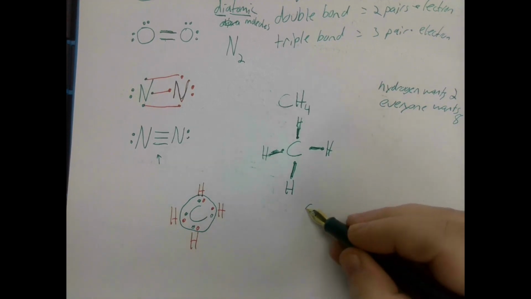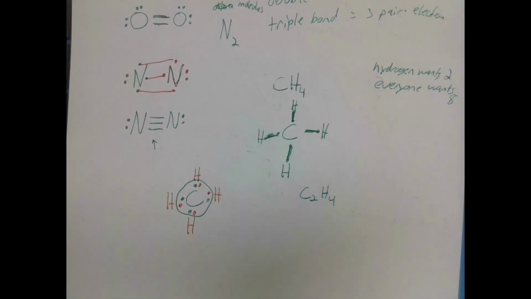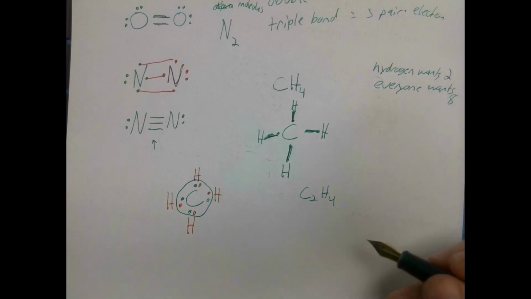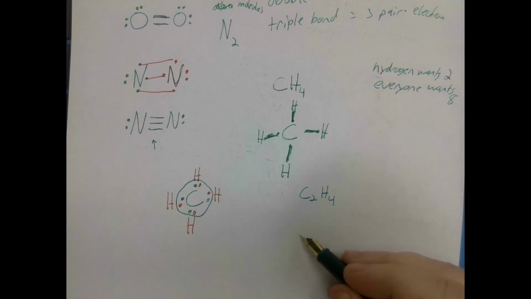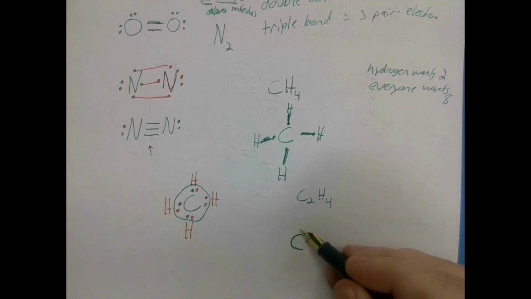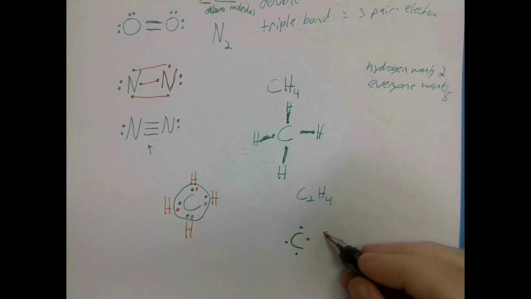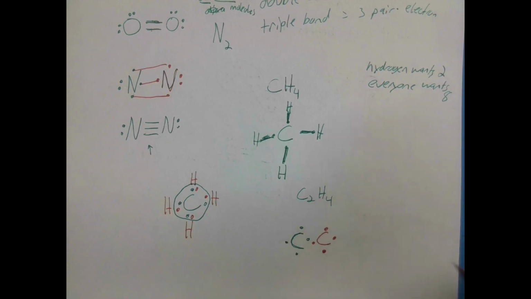Let's do C2H4. Carbon will always go in the middle. So here is one carbon. Here's another carbon. So how do they bond up?